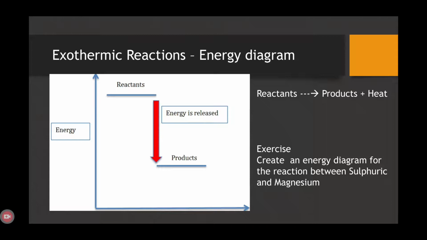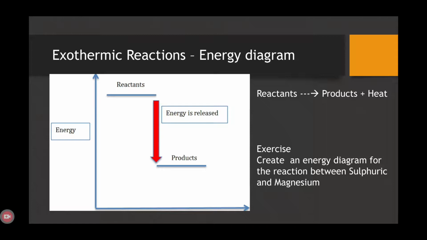In an energy diagram, reactants are drawn in an upper position and products in a lower position. Then using a downward arrow, we can indicate the energy gap. So energy is released during an exothermic reaction, so heat is increased.